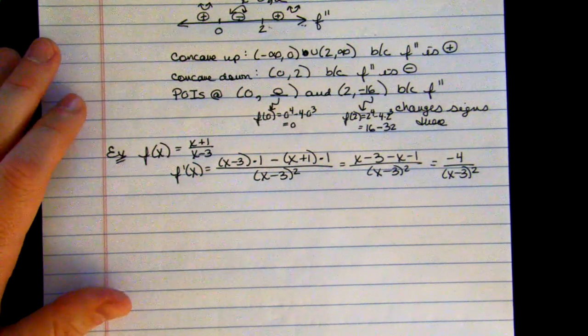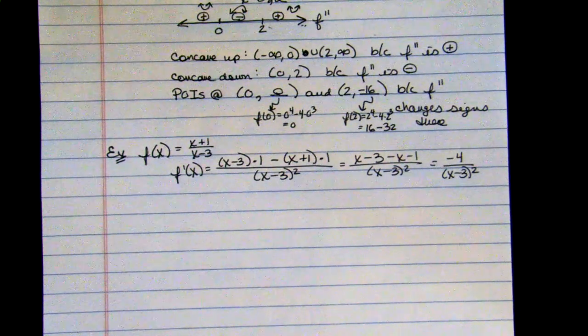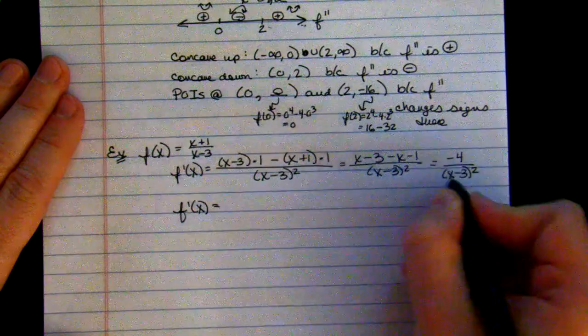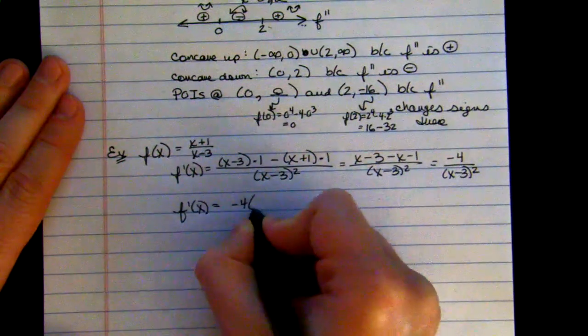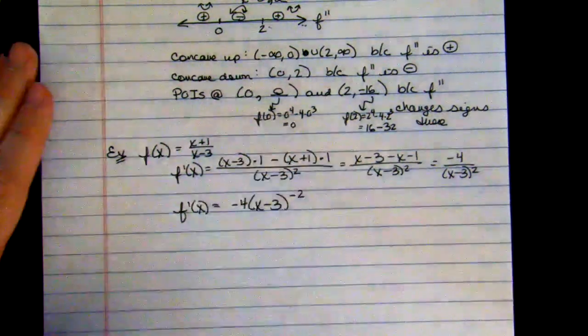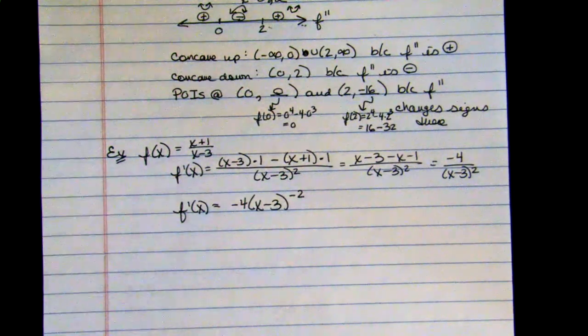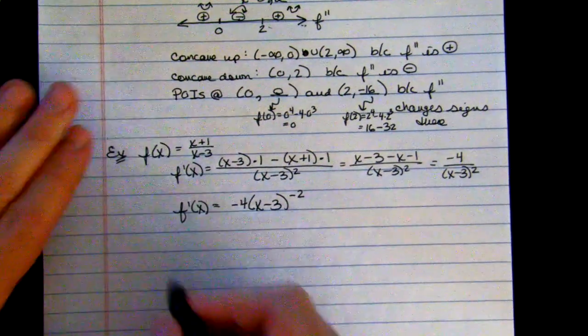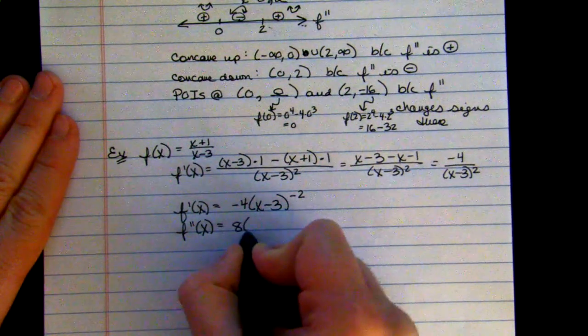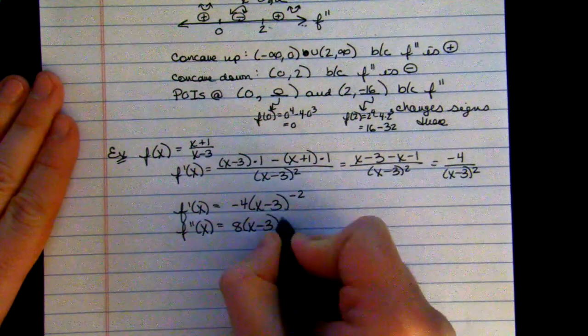To find the second derivative, it's actually going to be a lot easier if I write the first derivative not like that, but instead like negative 4 times x minus 3 to the negative 2. Then I can just use the chain rule and not have to bother with the quotient rule. So go take a moment, find your second derivative. f double prime of x is going to equal 8 times x minus 3 to the negative 3.